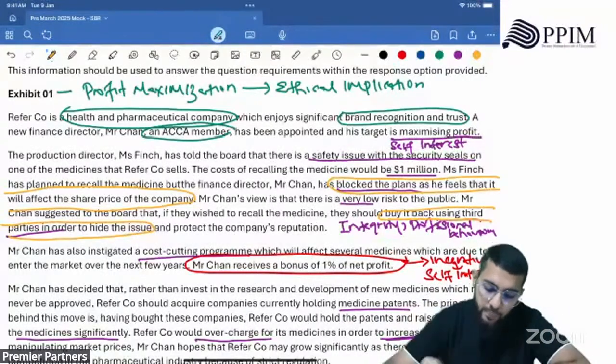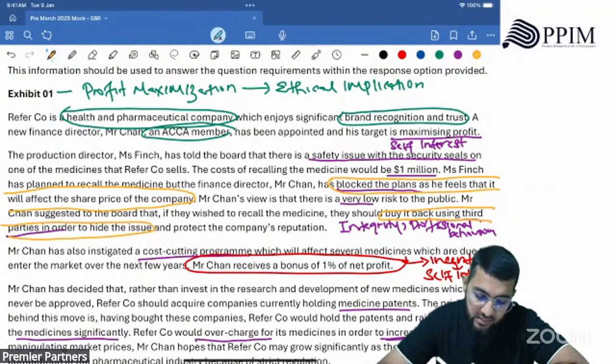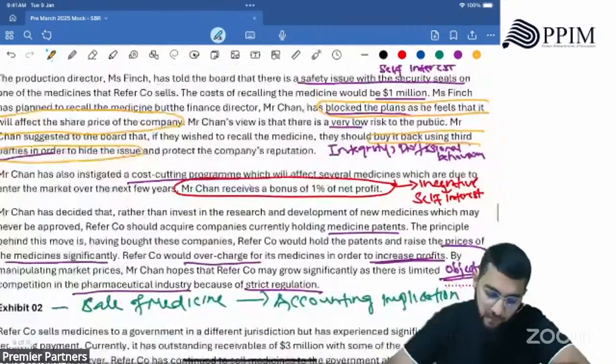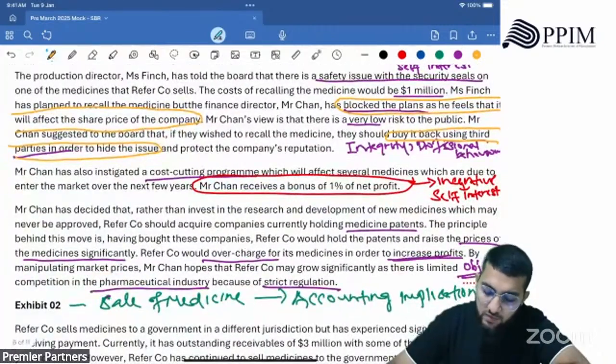All right. Mr. Chan has also instigated a cost-cutting program that will affect several medicines which are due to enter the market over the next few years. Right? Now, what I've already read is the threat. Mr. Chan has decided that rather than invest in the research and development of new medicines which may never be approved, RiverCo should acquire companies currently holding medicine patents.